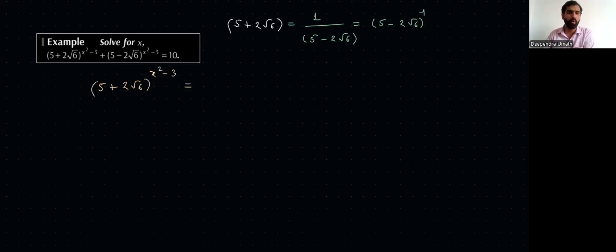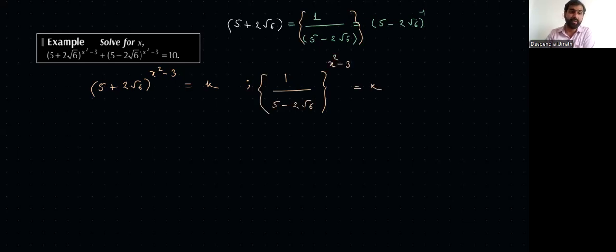Now, when you do so, 5 plus 2 root 6, this particular expression, when simplified, can be replaced by 1 by 5 minus 2 root 6, which means this entire expression could have been written as, please pay attention to this, 1 by 5 minus 2 root 6 whole raised to the power x square minus 3, which is also going to be equal to k.